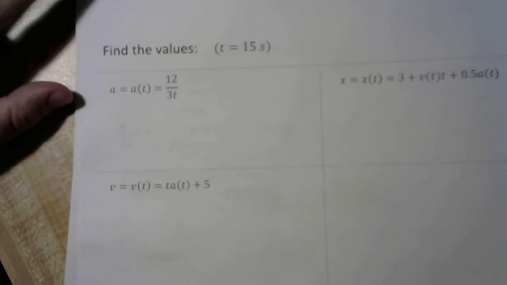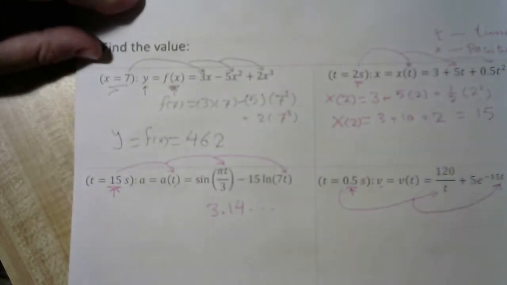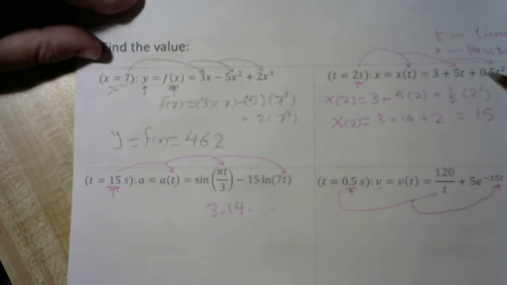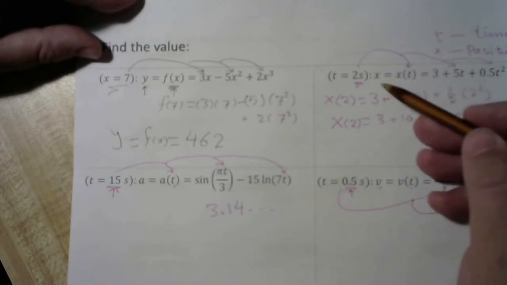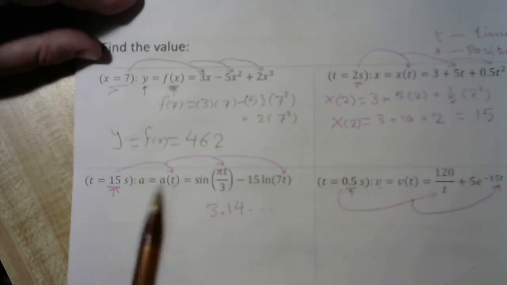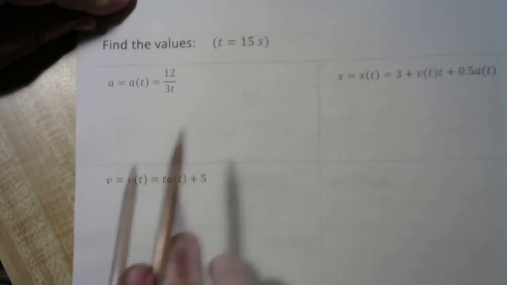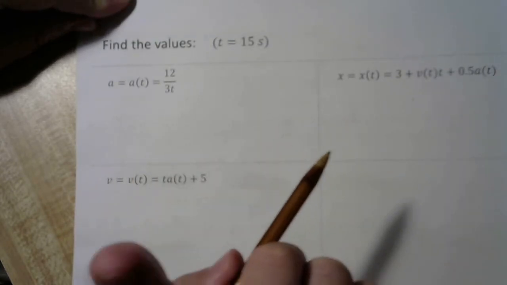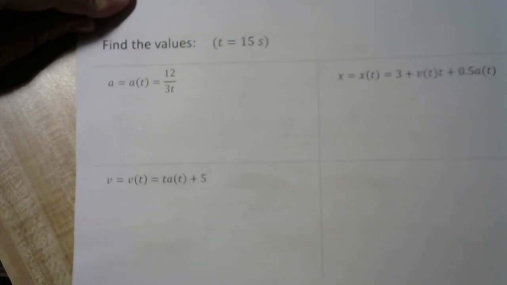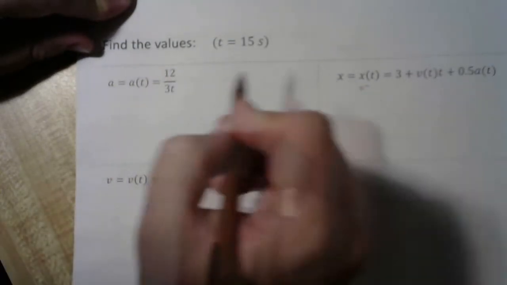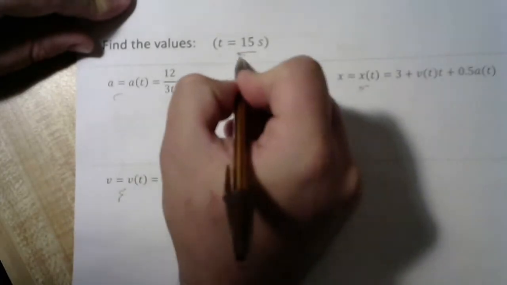Now, if I see here, there are no relations between my functions. This one is mathematics. This is I need to compute the position. There is no relation between this position and this velocity and this acceleration. Now I need to use acceleration and position and velocity for a body, for one body, and I need to find the position and the acceleration and the velocity at t equal 15 seconds.